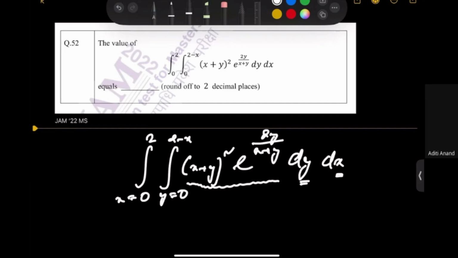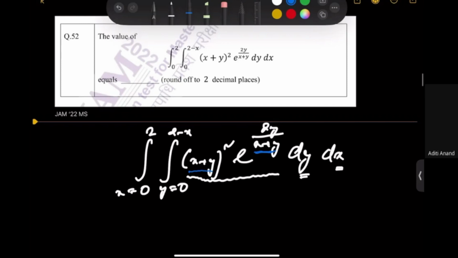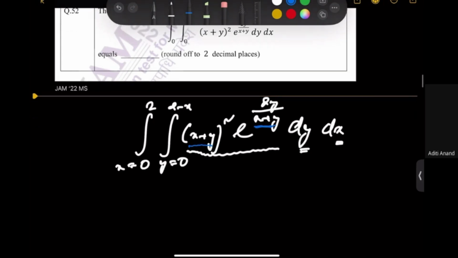Yes, there are these terms, like if you look at this, you're talking about this x plus y, right? This one and this one. So these two are very much a clue to you that maybe you should try the method of substitution of variables, right? Because in the exam hall, if I don't know the method of substitution, maybe I'll start scratching my own head, because this kind of integral you will need to apply the method of substitution.